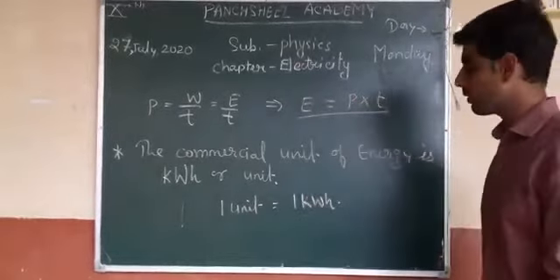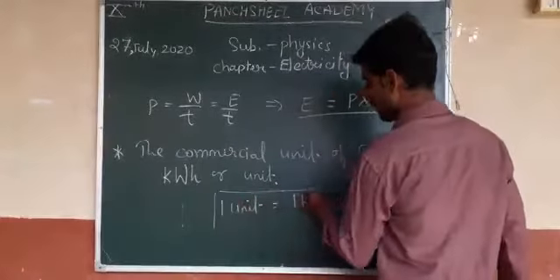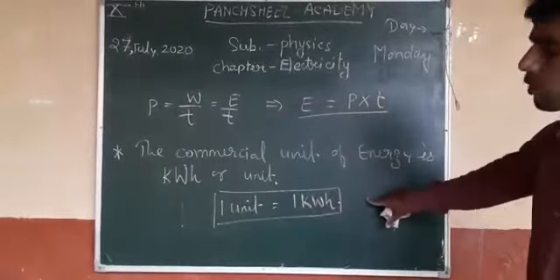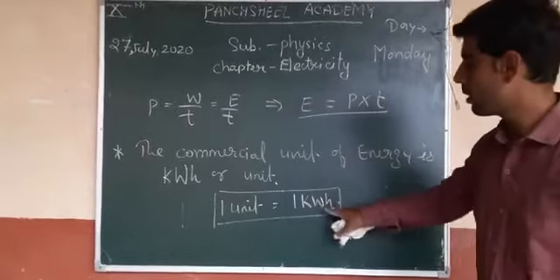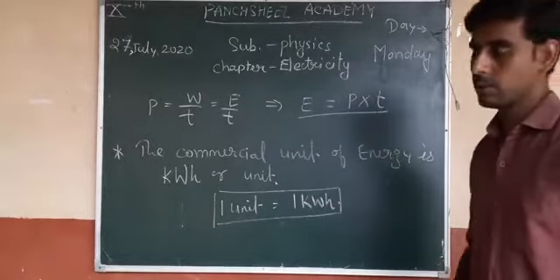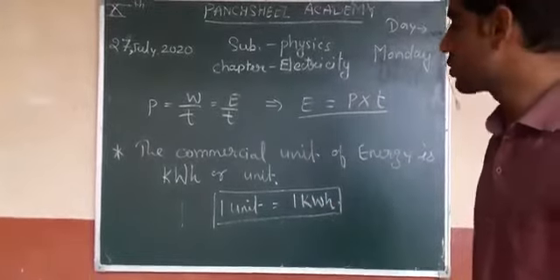One unit equal to what? 1 kilowatt hour. And what is the relation between 1 kilowatt hour and joule? So we derive a relation.